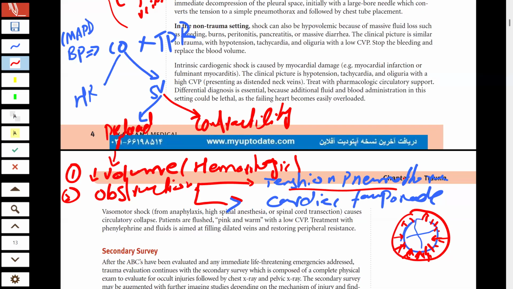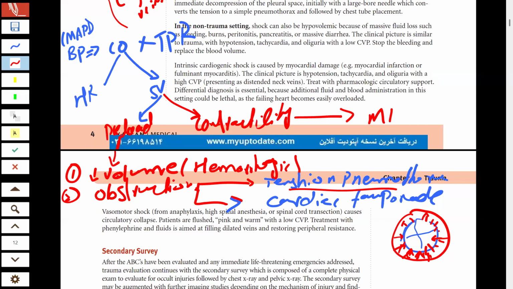And in tension pneumothorax, there will be air in the pleural cavity, and it will compress the heart, so there is an obstruction problem. And then a contractility problem, like MI. In MI, the cardiac muscle is not able to pump enough blood to supply the body.